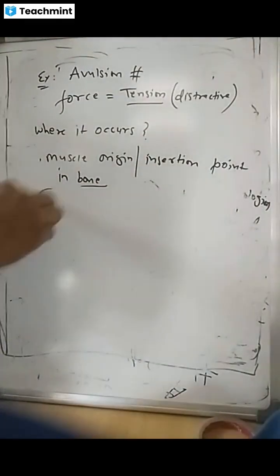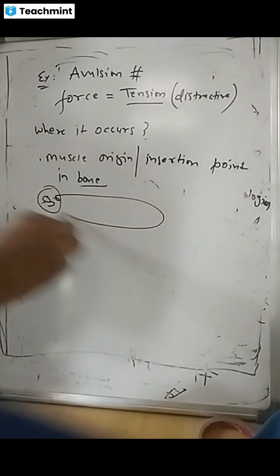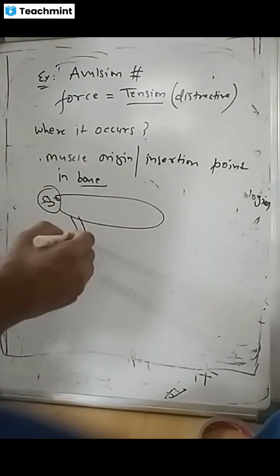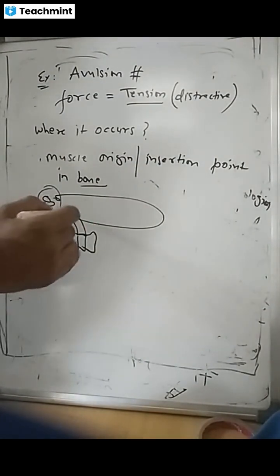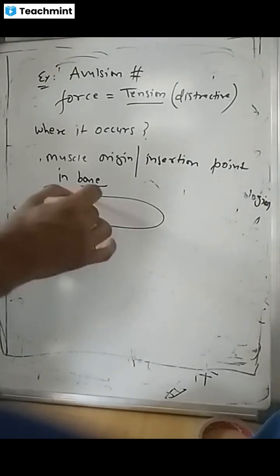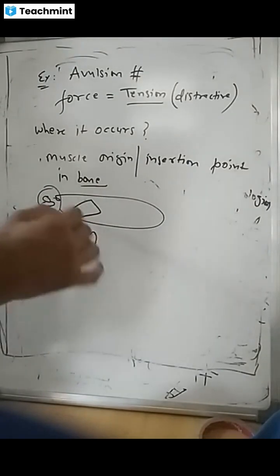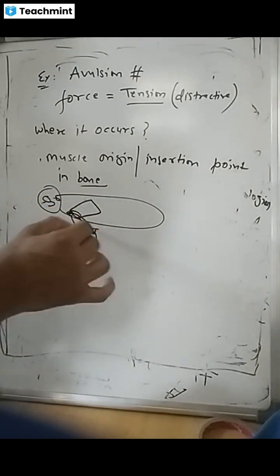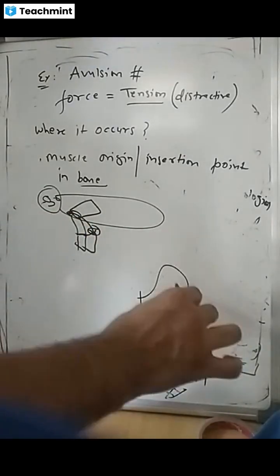Suppose this is the animal's humerus, which has the radius and ulna. Some muscles take origin from here and insert at this olecranon process.